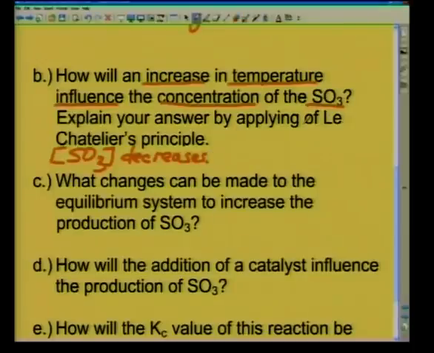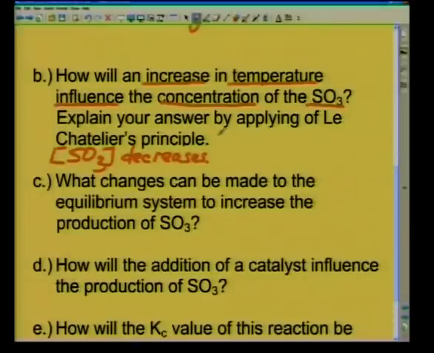Explain your answer by applying Le Chatelier's principle. Le Chatelier's principle, look, the reverse reaction needs energy. It's the endothermic, it takes in energy. So if you put in energy, the endothermic side will want to use that energy up so that the disturbance is leveled.